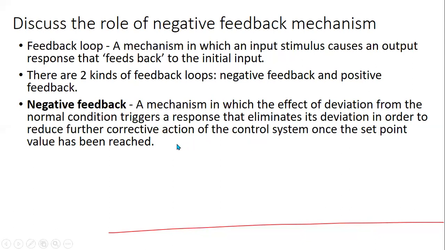So it means that we have a time when the system stops doing the correction. For instance, if your blood sugar levels were to rise above 150, okay, because the normal is 90, but at times you find that people are operating slightly above 90.